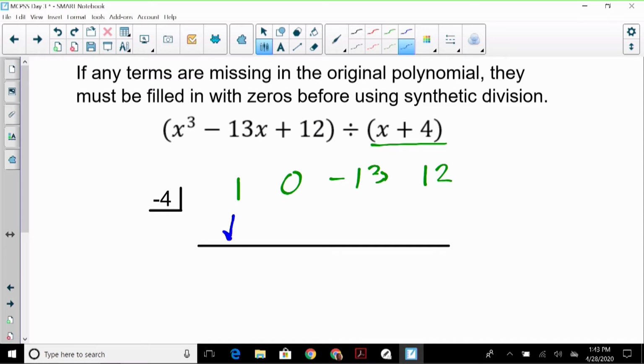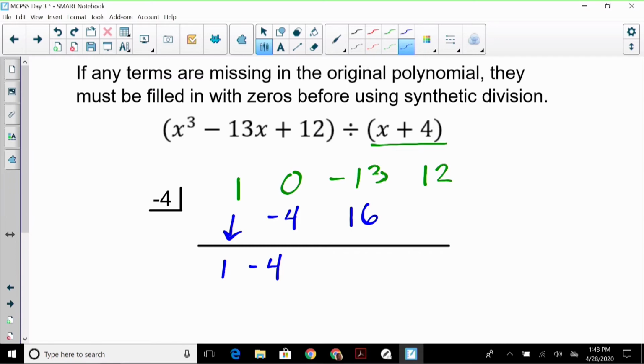Bring this first term down. Multiply 1 and -4, that gives us -4. Add those terms. Multiply -4 by this -4, that gives us 16.